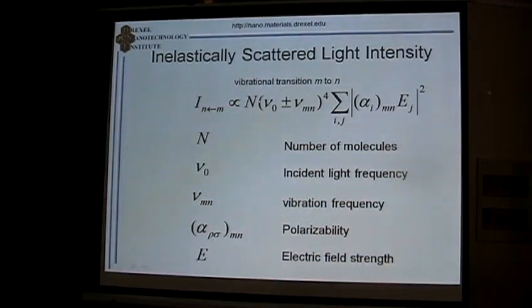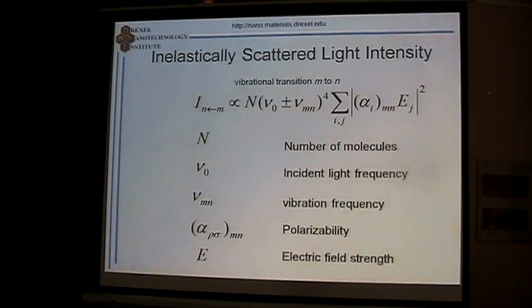One is its proportionality to the number of molecules. So, the larger the volume of material you have illuminated and scattering, the higher is your signal intensity. Seems to be simple. You get a larger sample, put it under a laser beam, you get high intensity. Doesn't really work well in many cases.